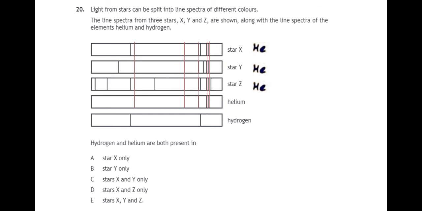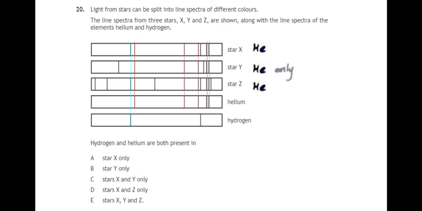Now let's consider hydrogen. There are only 2 lines in hydrogen, so let's consider the first one first. So that line there is present in star X and star Y. Star X and star Z, but not in star Y. Because it's not in star Y, if one of these lines is not present in star Y, then that means hydrogen is not there.